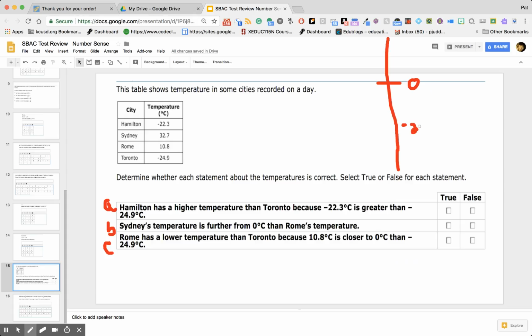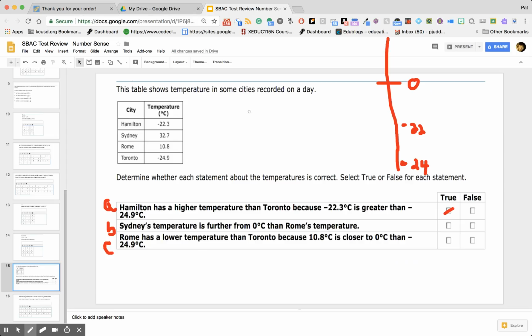And I'm just going to put the whole numbers. -22, -24. And this statement is Hamilton has a higher temperature than Toronto because this temperature is greater than this temperature. Again, the further away from 0, the less value. So that is a true statement.